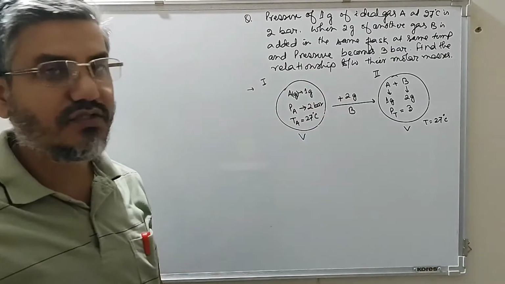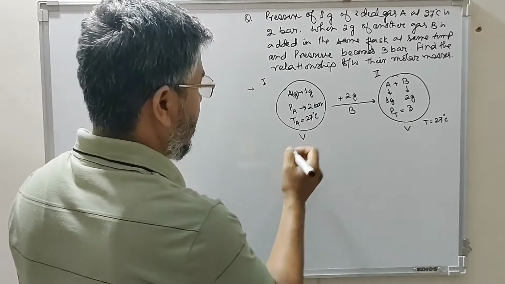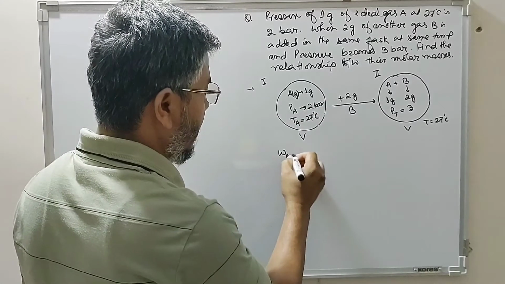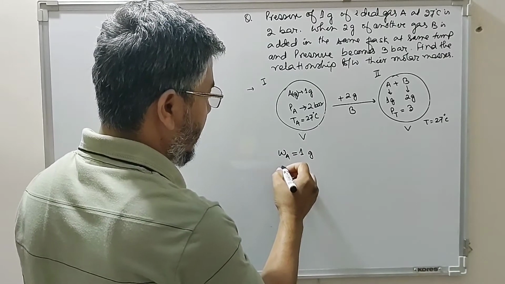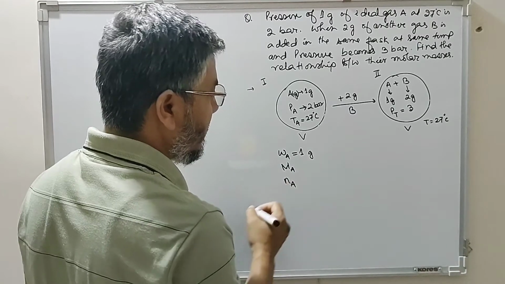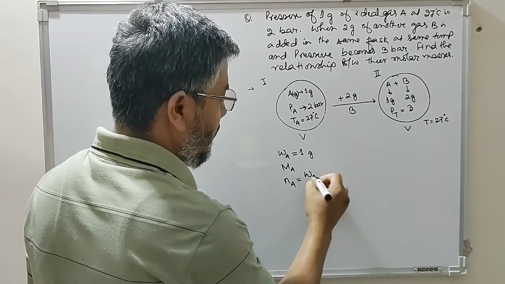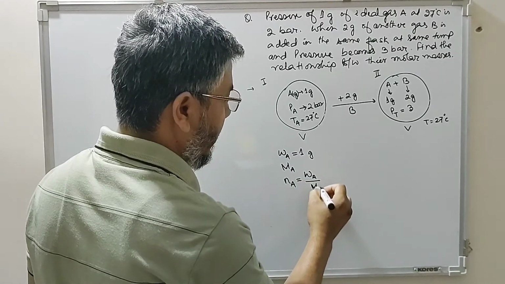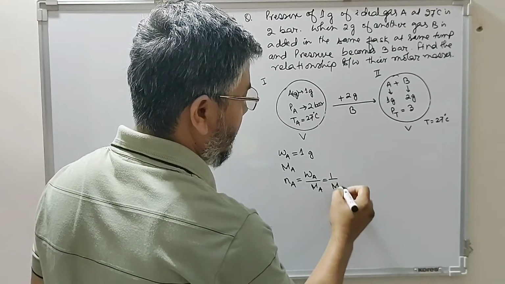Then we have to find the partial pressure of B. If you look at this, the mass of A is 1 gram. Let the molecular mass of A be Ma. Therefore the number of moles of A will be Wa by Ma, which is 1 by Ma.